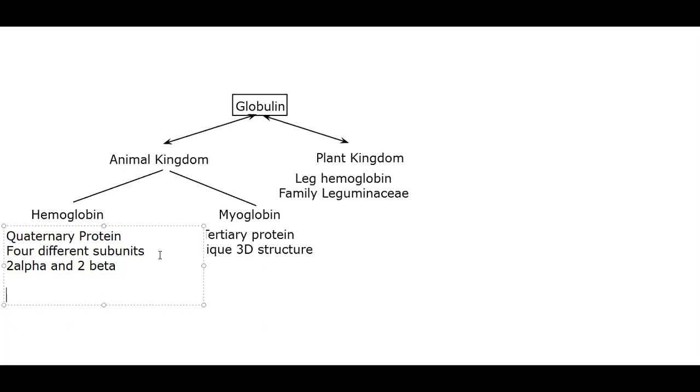But there are several different types of hemoglobin. Basically, hemoglobin is of four different types in the case of humans.